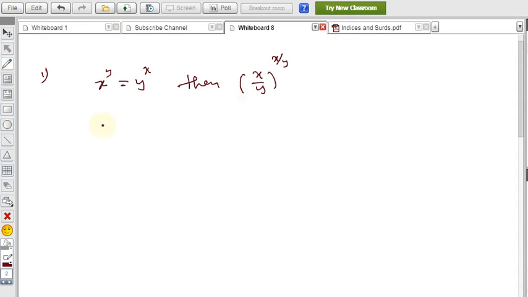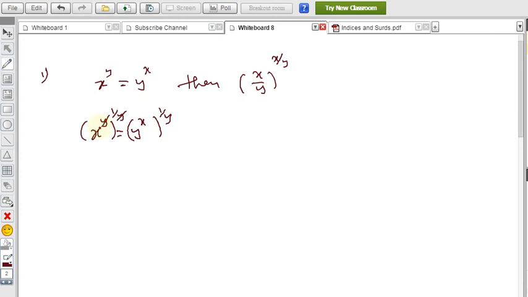Now x by y we need as the base according to our problem. So first I am finding the x value from this. X to the power y is equal to y to the power x. So on both sides I'll take the power 1 by y.